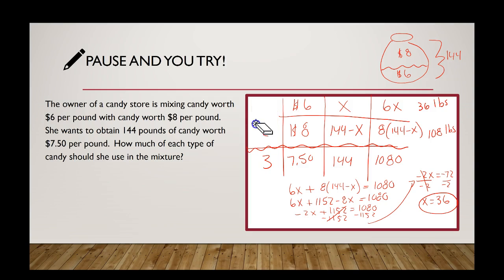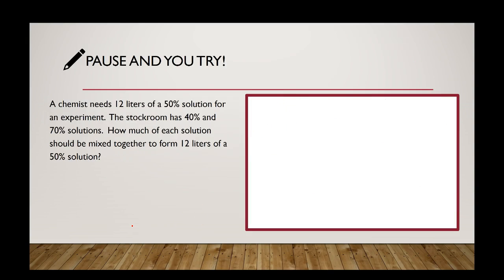All right, very good. Here's your next one. Go ahead and pause it and see what you got. This is like the dye one. All right, so we got a chemist needs 12 liters of 50% solution for an experiment.